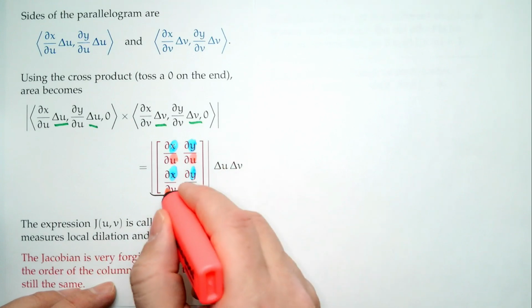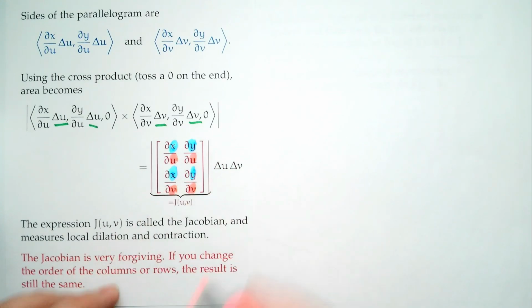So all you need to remember is that one set of coordinates goes in the columns. So partial x, partial y. But you could have done partial y in this column and partial x in that column. And then your other set of variables fill up the rows. And as long as you do that in any order, it won't change the output, because the absolute value on the outside takes care of any sign thing that you might introduce.